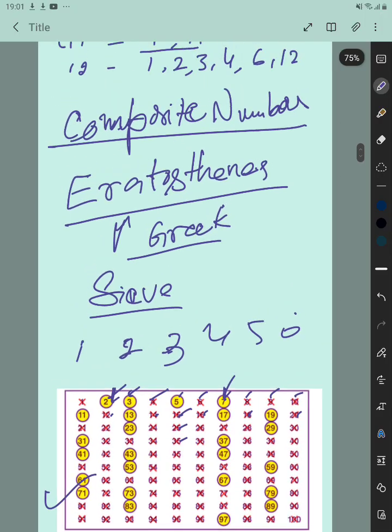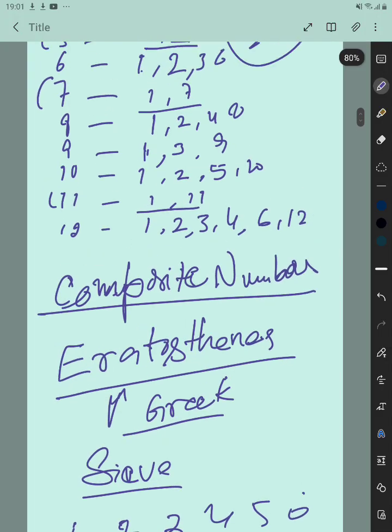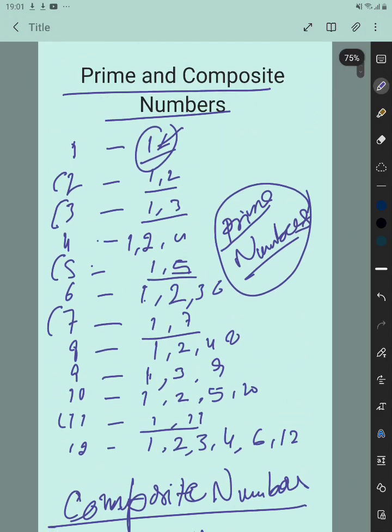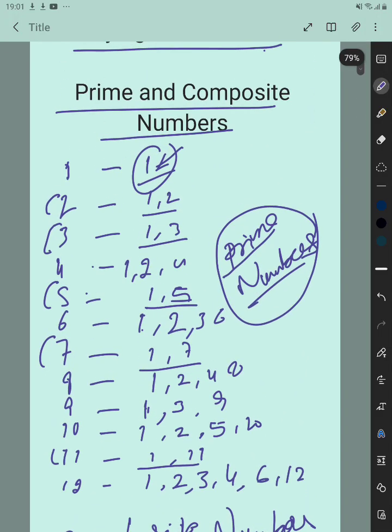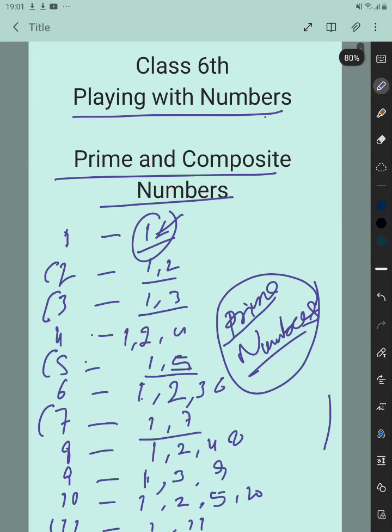You need to salute this mathematician who has given us the unique way of finding them. So this is what we have explained of prime and composite numbers of chapter Playing with Numbers, class 6. This is all. We'll meet again with the exercise. We'll see exercise 3.2. Okay, so we'll wait.